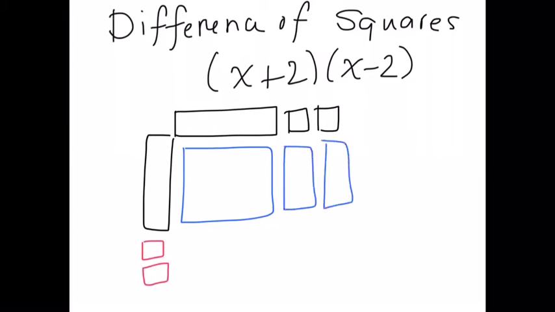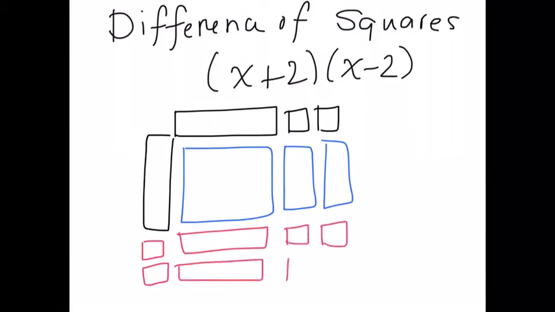X times minus 1 is going to give you minus x, and then we're going to have minus times plus is minus. Now, let's look at our zero pairs for a minute, because things get interesting. Negative, positive combo, positive, negative, they're gone. Look, our x's have disappeared. So we're left with x squared minus 4.